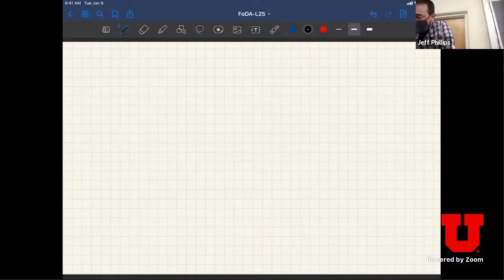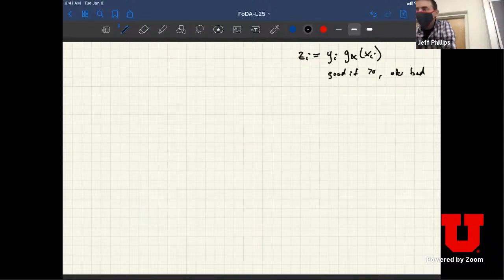All right, so again, we're going to have ZI, which is going to be yi times g of alpha of xi. G of alpha is the function we're learning, and basically ZI is good if greater than 0, otherwise it is bad. Okay, so let's quantify this.